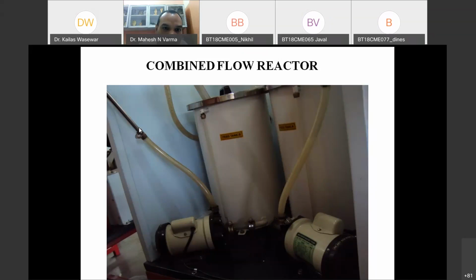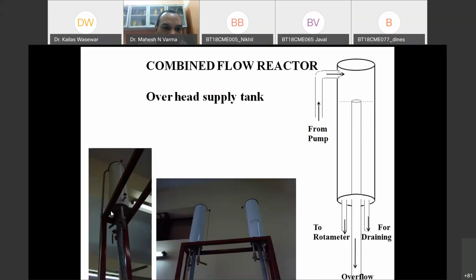This outlet is not going directly to the rotameter. Similarly, here also there is an input to the pump, and this outlet is going to an overhead tank.